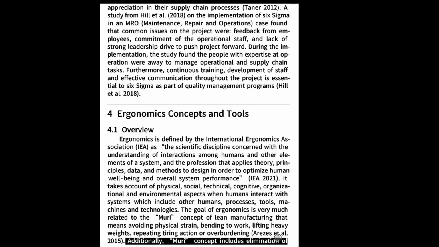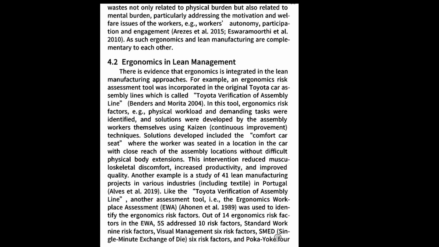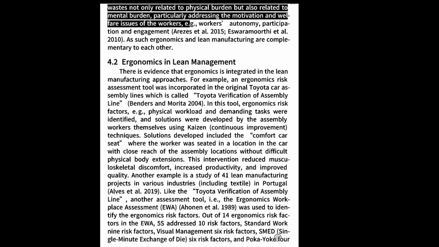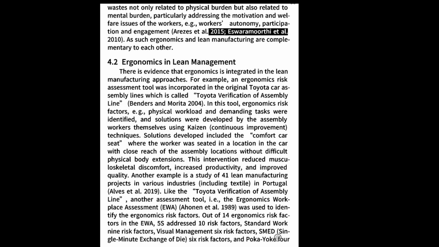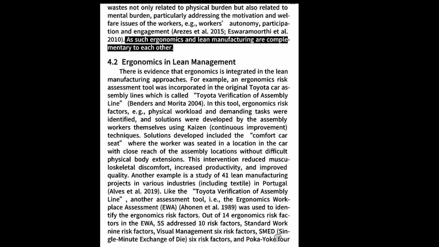Additionally, the Muri concept includes elimination of wastes not only related to physical burden but also related to mental burden, particularly addressing the motivation and welfare issues of the workers, e.g. workers' autonomy, participation and engagement. Ares et al. 2015, Eswaramoorthi et al. 2010. As such, ergonomics and lean manufacturing are complementary to each other.